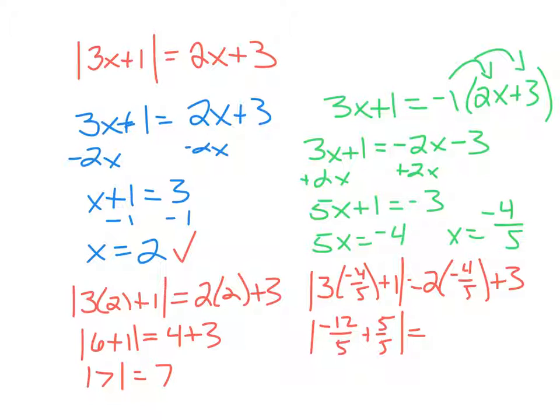And does that equal negative 8 over 5 plus 15 over 5? Okay, so then this is going to be the absolute value of negative 7/5. And does that equal 7/5? And sure enough, it does. So we know both of these are solutions to this absolute value equation.